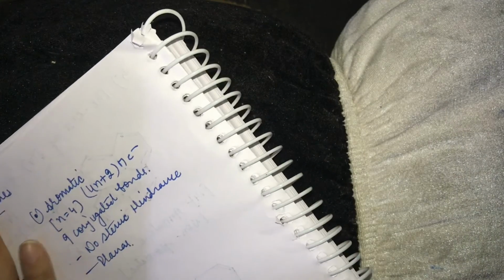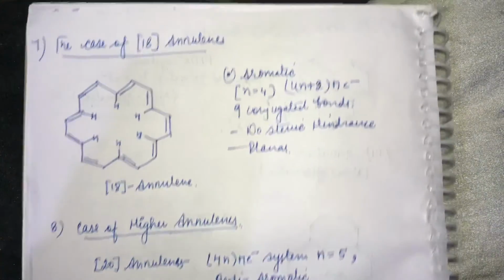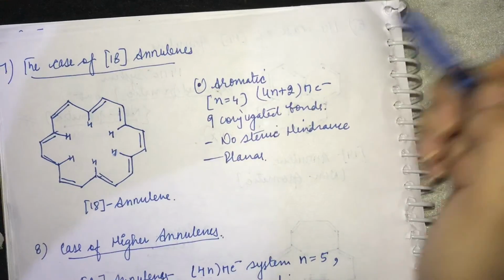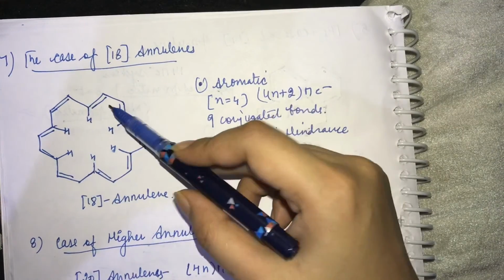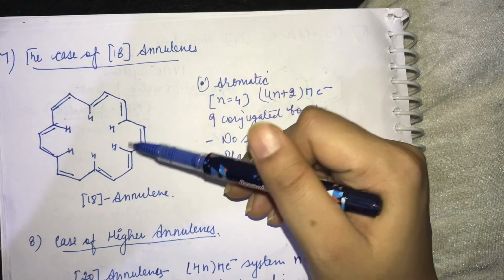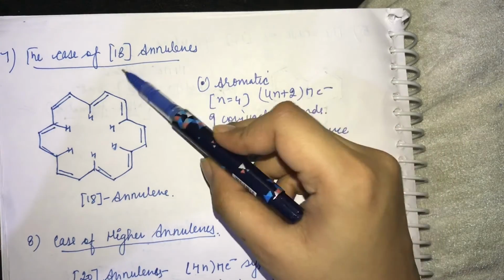Now we have the case of the 18 electron system. In this 18 electron system we have this structure of 18 annulene.